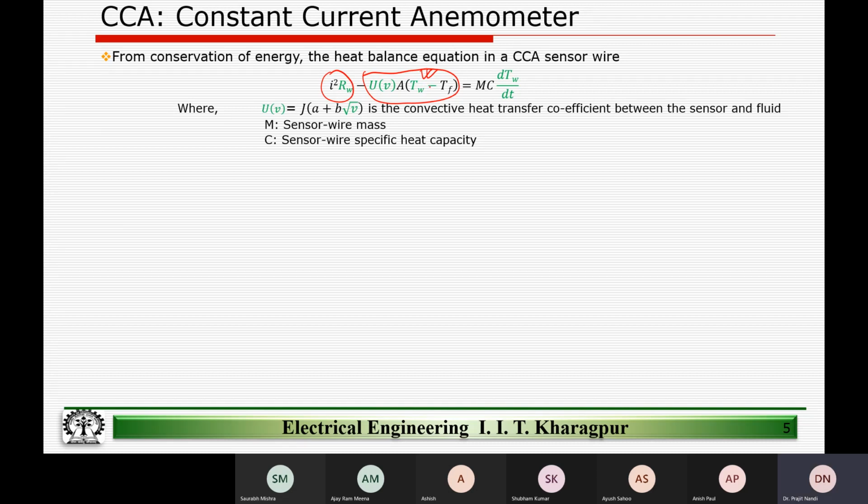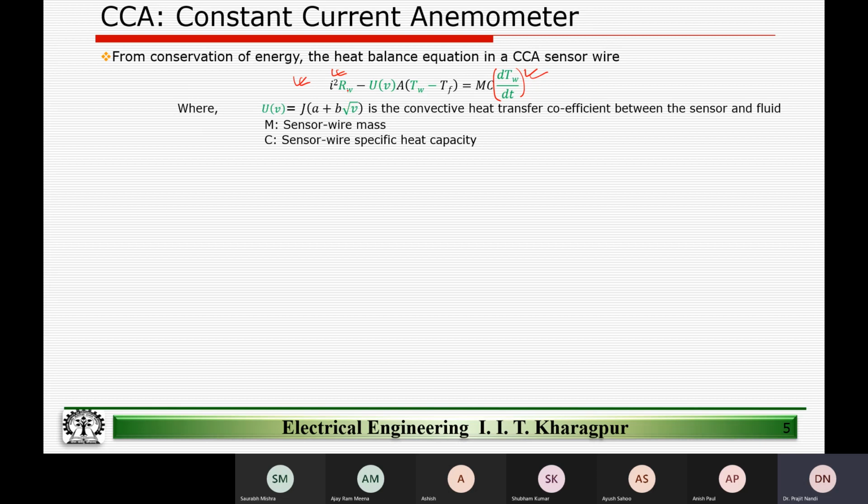And whatever is the balance, meaning whatever is the delta between the heat that we are gaining and the heat that we are losing, is going to result in an increase of the wire temperature. And that is what we are writing as dTW/dt, as a function of time. Please understand this, dTW/dt, because here we are dealing with power. We are not talking in terms of energy.